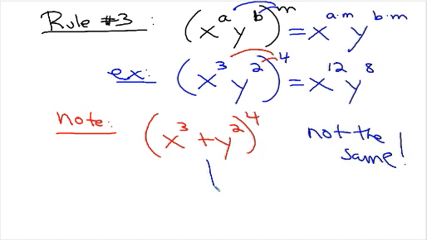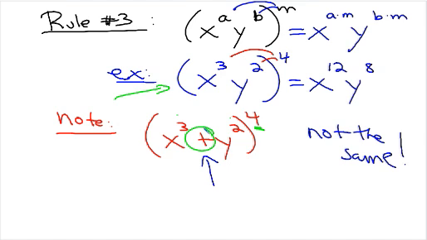This plus sign means that you cannot do the same thing that I did up here. All right? So you do not distribute this 4. This 4 I cannot distribute to the 3 and the 2. That is not a rule because of this plus sign.